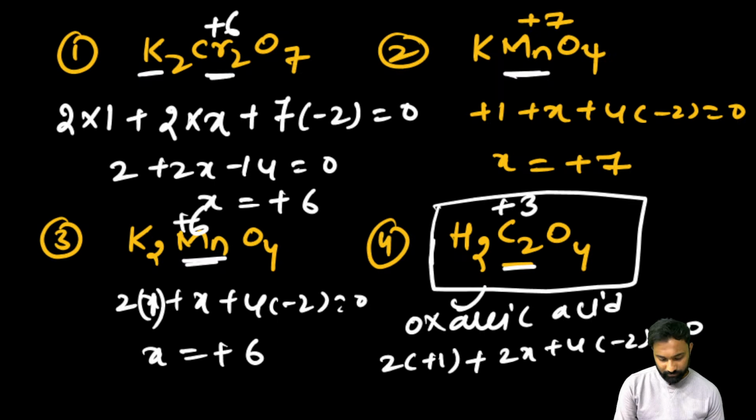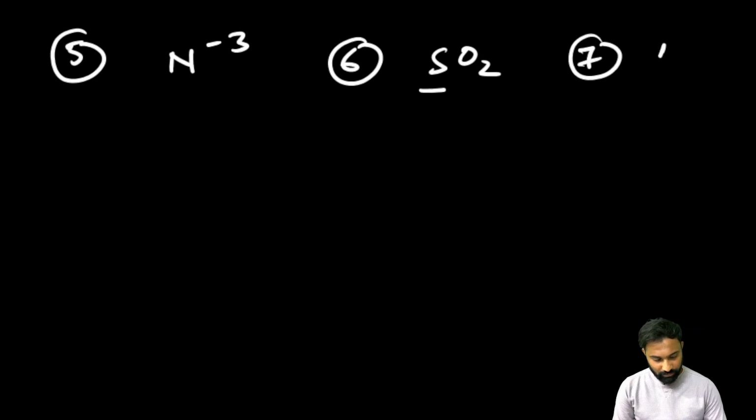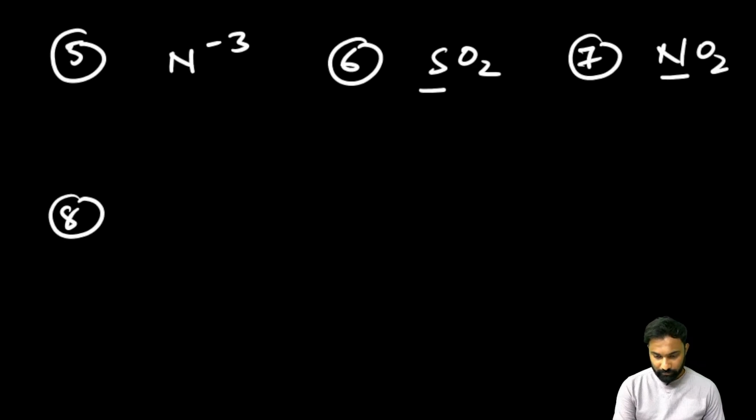Now, next one. Next molecules we'll see. Fifth one, N minus 3. Sixth one, SO2. Seventh one, NO2. Right. Next, eighth one, N2.